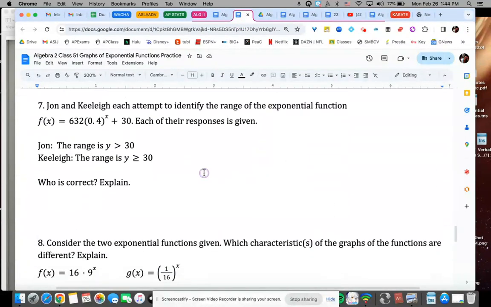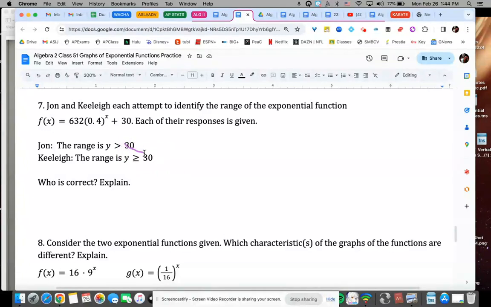All right, a couple to go, and then we're almost done. Okay, so they're attempting to identify the range of the function. So here we have this function. One person says greater than 30, and the other person says greater than or equal to 30. So which is correct? Well, we've been talking about this number giving us the asymptote, and that's why they use 30. So they're actually correct about the 30.